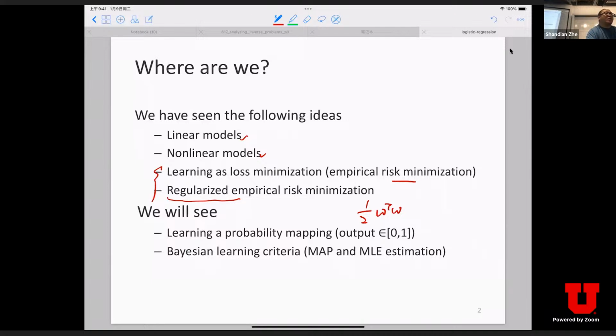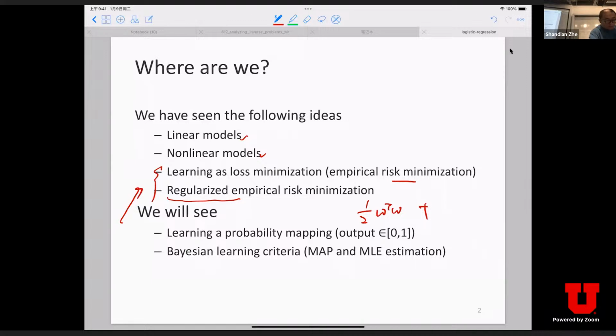We seek a hypothesis space which is as simple as possible, plus the loss term. You want to find the best trade-off, the best balance between your data fitting and your model complexity. So this framework is called regularized risk minimization, right? You will see that when we talk about logistic regression, the learning still falls in these two frameworks.